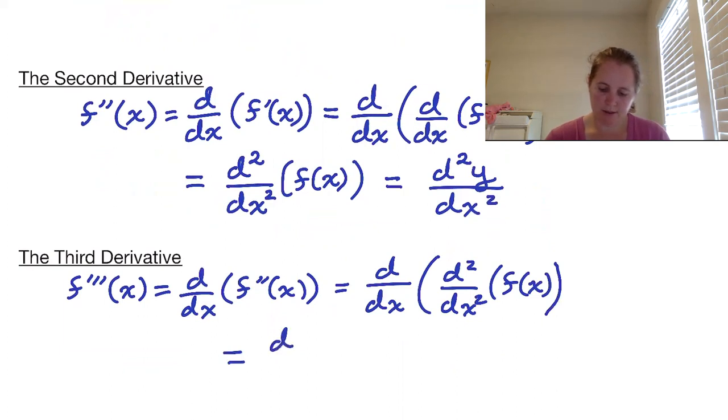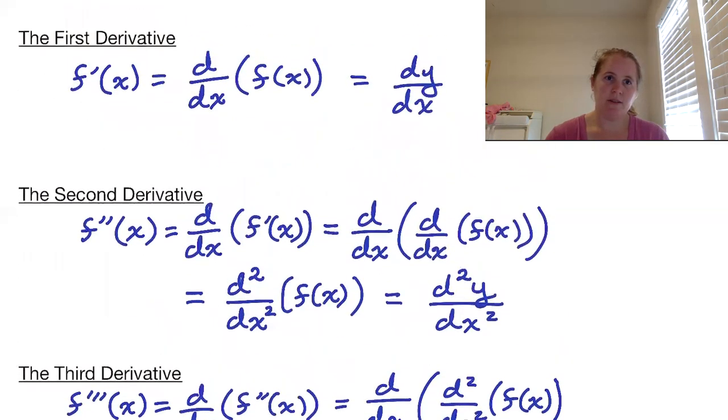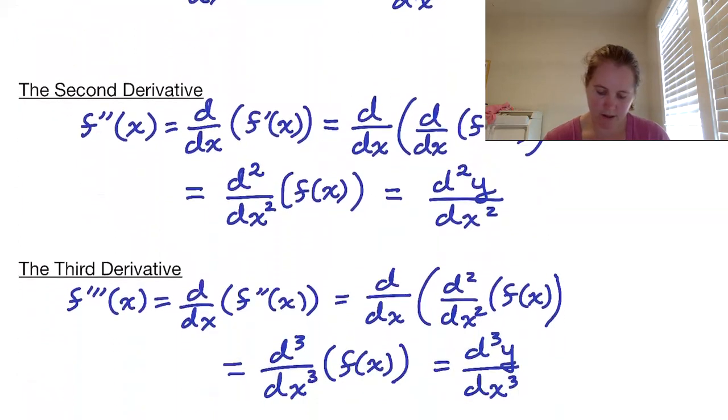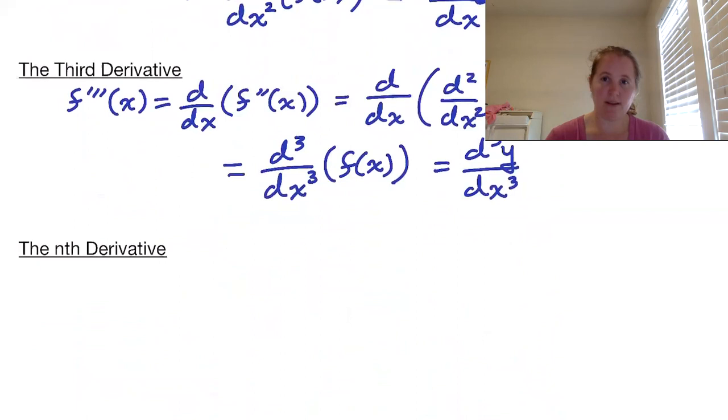So that becomes d cubed dx cubed of f of x, or d cubed y dx cubed. So again, for each of these, we just take the derivative of the previous so far. We can do this for any n we want.